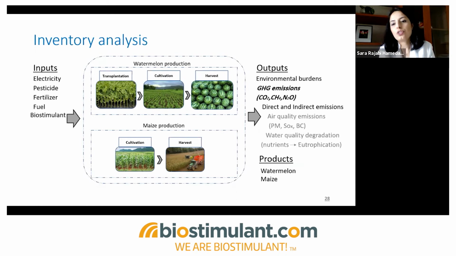For example, application of fertilizer can cause eutrophication, which has an impact on water quality degradation. But in carbon footprinting, we just take into account greenhouse gas emissions, including carbon dioxide, methane, and nitrogen oxides. The other part of the output is the products, watermelon and maize crops.